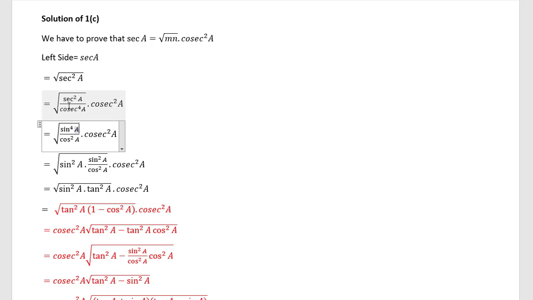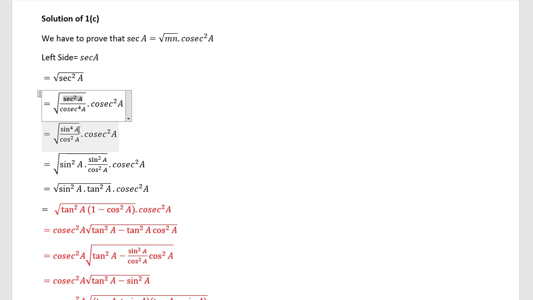We have flipped this denominator. If you take sec square a at the denominator, it will become cos square a, and if you pull the cosec power 4a to the numerator, it will become sine power 4a. Now you have got this.